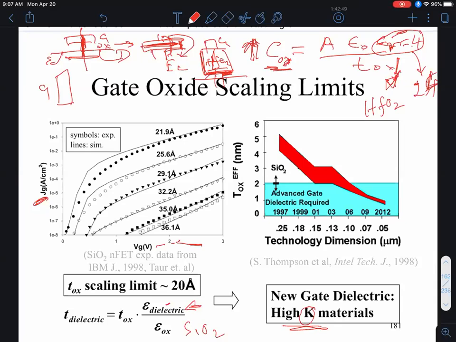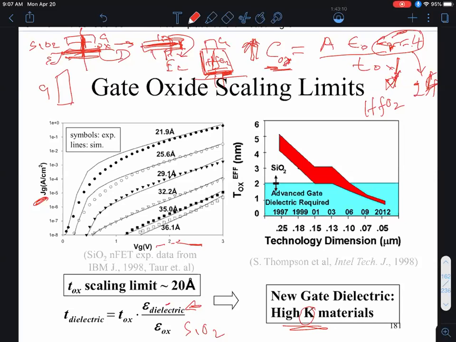The other challenge that people have faced is when you switch from SiO2 to hafnium oxide, the interface between the silicon and the dielectric generally tends to be worse than between silicon dioxide and silicon. The silicon dioxide silicon interface is one of the best electronic interfaces that you have in the world.